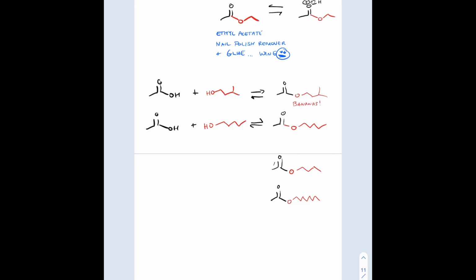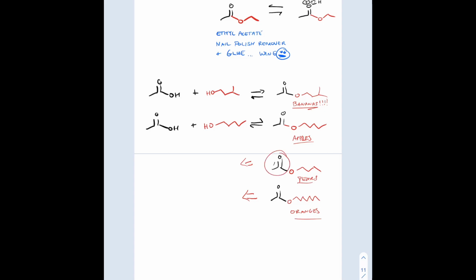And that's why I like this Fischer Esterification reaction, because it's bananas, you know what I mean? Bananas. You also have apples if you want. Pentanol with vinegar. Butanol, or whatever, in that oranges one. You can get pears and oranges.